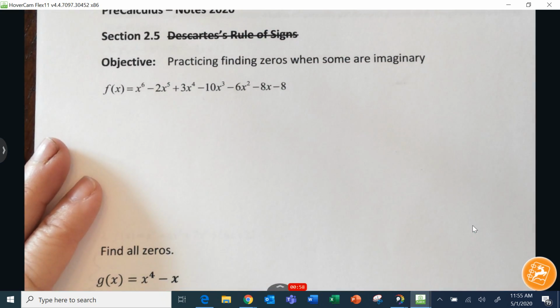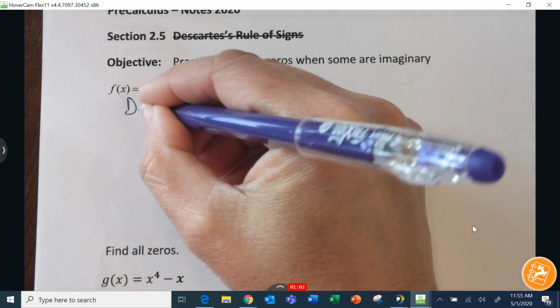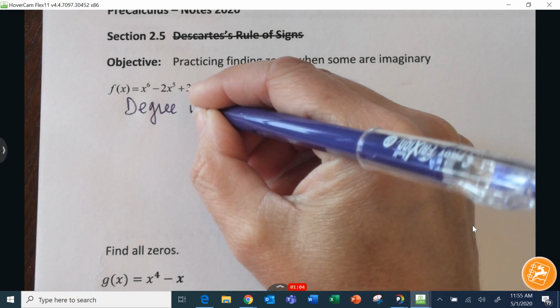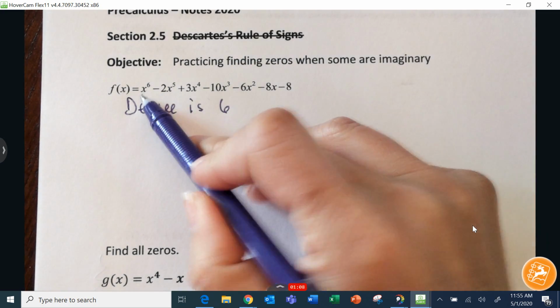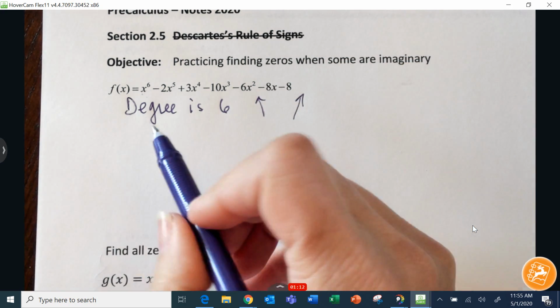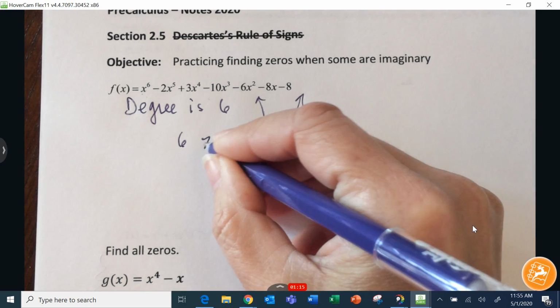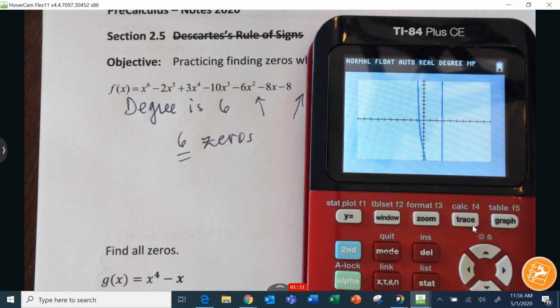Actually, before we even look at that, what is the degree of this? The degree is 6. So it's even, it's positive. We should have a graph that looks something like this. And there should be 6 zeros, because the number of zeros is the degree. But when I hit graph, I only see 2.